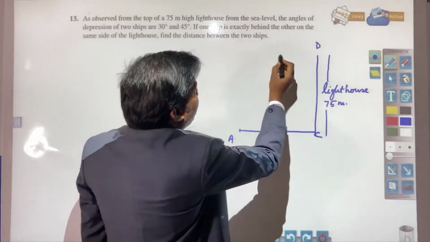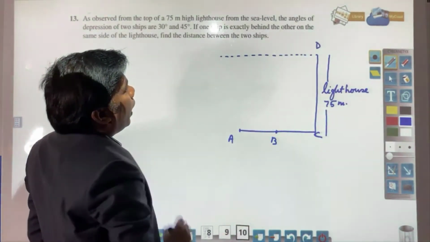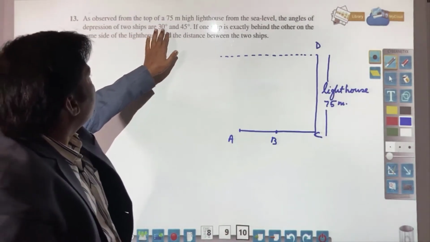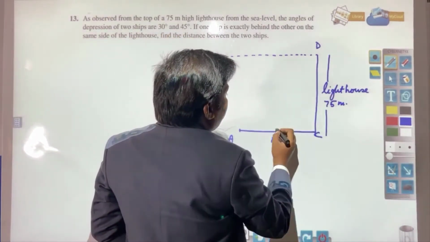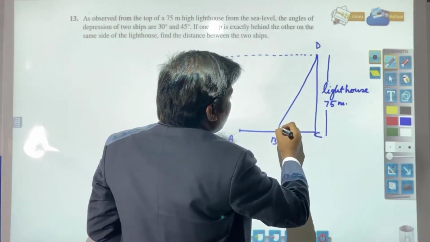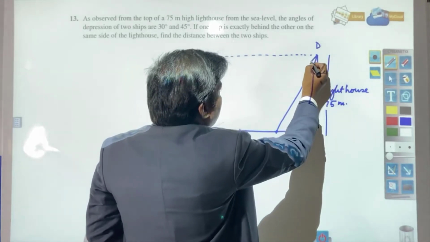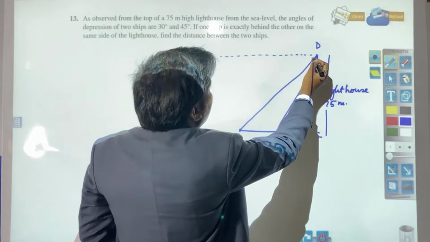Now angle of depression has been given. Angle of depression has been given 30 degree and 45 degree. So angle of depression from here, you see these two ships, this has been given.